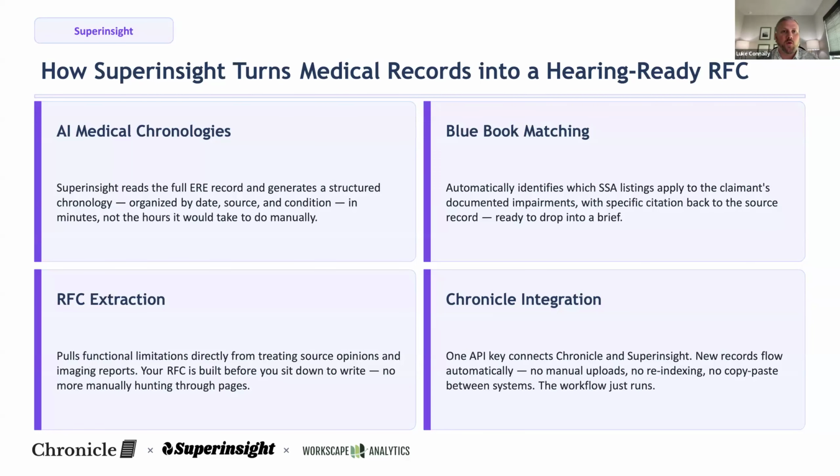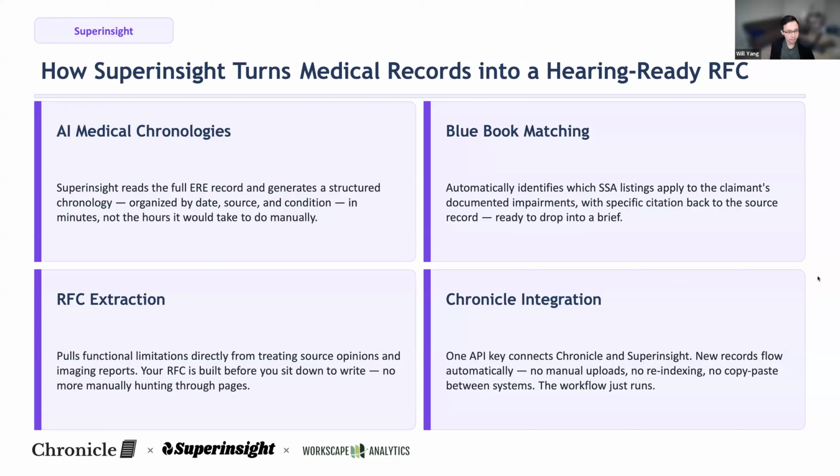Yeah, so being able to efficiently pull that information from Chronicle into the workflow of now breaking down the file, thousands and thousands of pages, within a couple hours, you're able to effectively understand what's going on with the case, what you're lacking, where the red flags are, what an organized chronology of information should look like within that process as well, and then leads to the final product of being able to extract RFCs, which ultimately we can send over to Workscape Analytics to distill into an actual report that gives us the job numbers that we can work with.